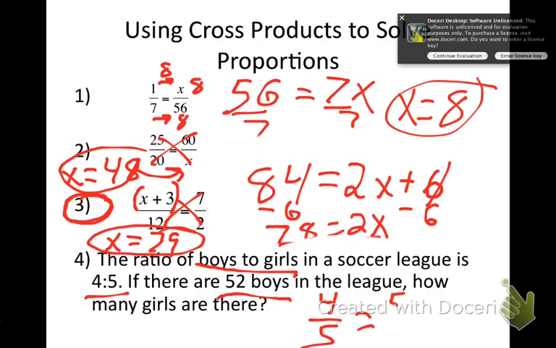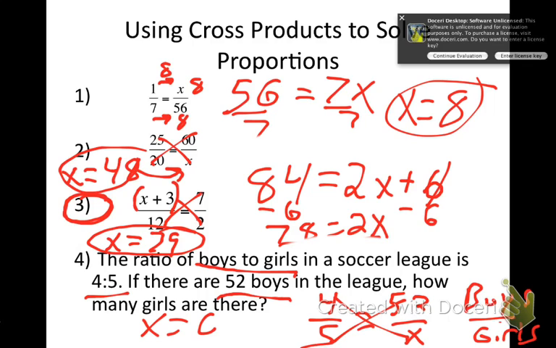So I set up 52 over x because I use the quantity of boys to girls. Okay, I have to be consistent in how I set that up. So now I use cross products to solve, and I get an answer of what? Mark, you have it? 65. Nice job. And again, the biggest thing is just being consistent in how you set that up.